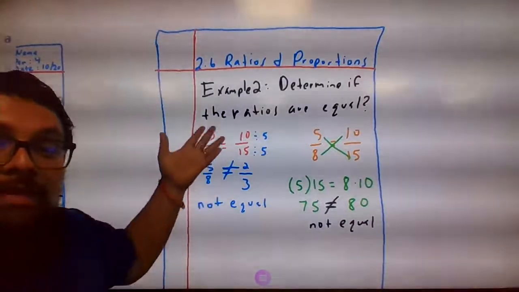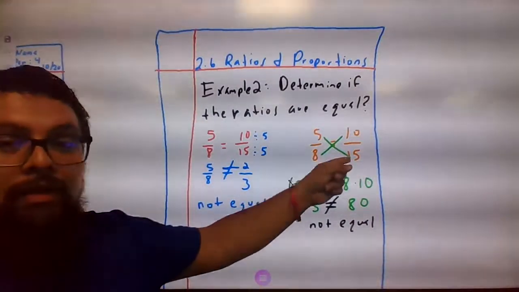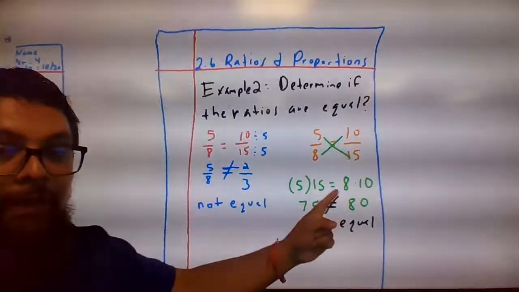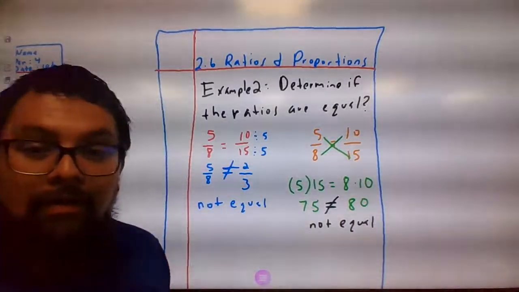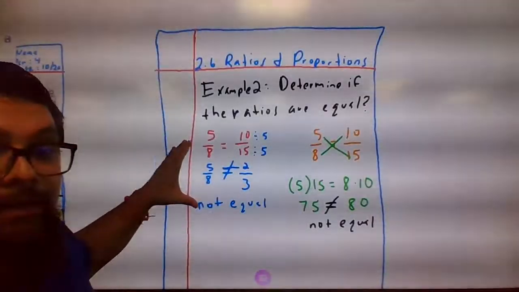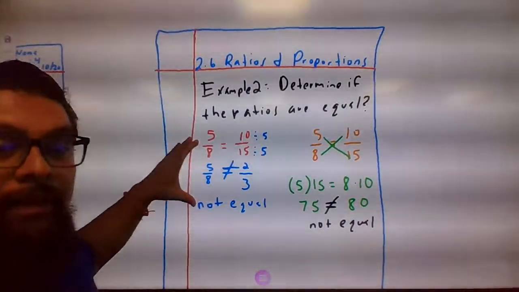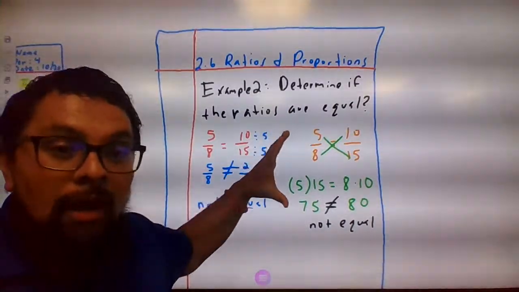This one, sometimes you got to reduce it over and over and over again, and you get a big old answer. This one, you just use the cross product, find the multiplication here, the product here, and you're going to see if they're equal or not. Okay, it makes it a lot easier. So this is determining if the ratios are equal. One method right here is simplifying both of them. This one is using the cross product rule.